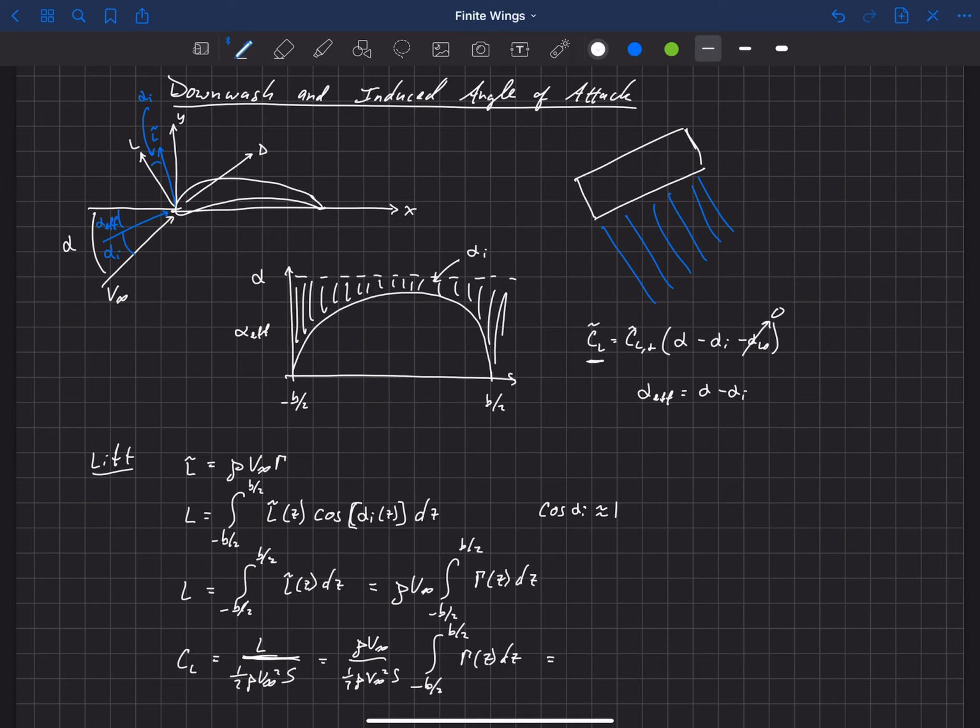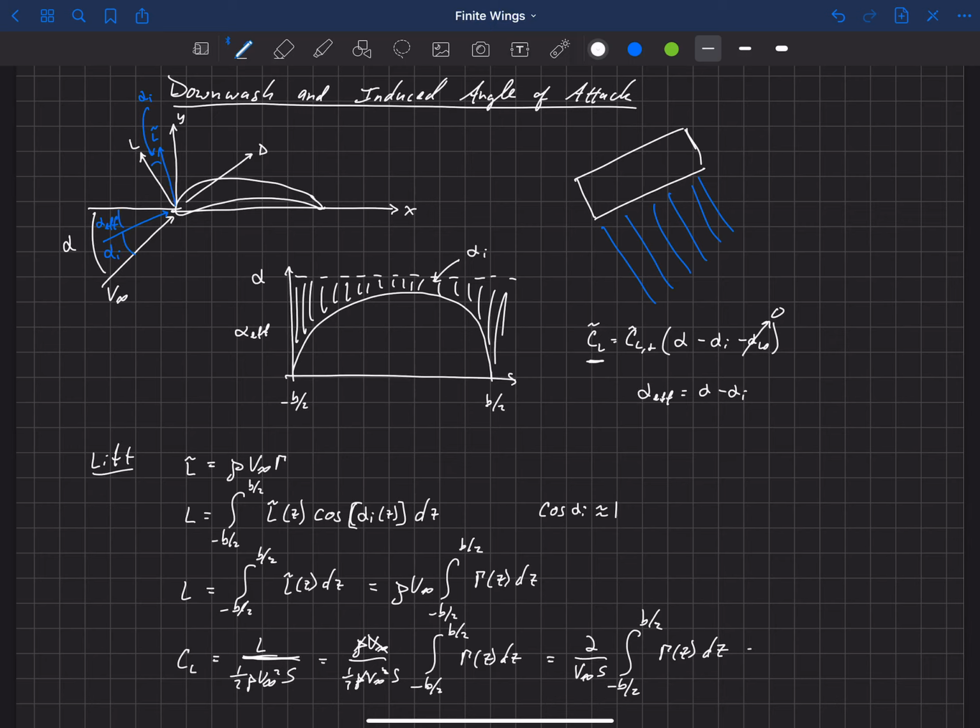The rho's cancel and one of the v infinities cancels, so that simplifies to 2 over v infinity S times the integral from minus b halves to b halves of gamma of z dz.